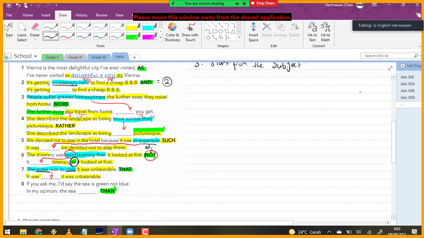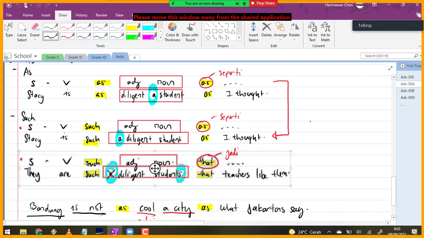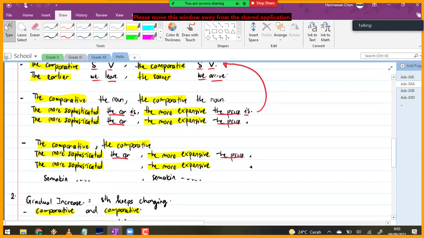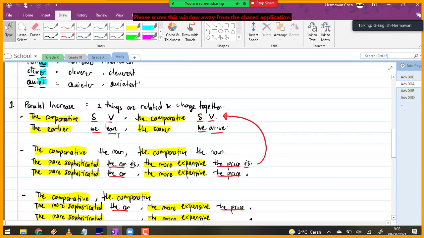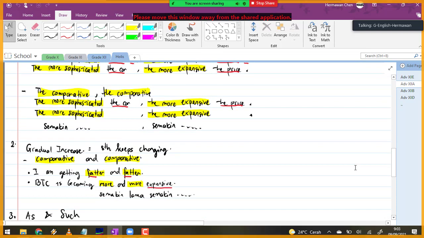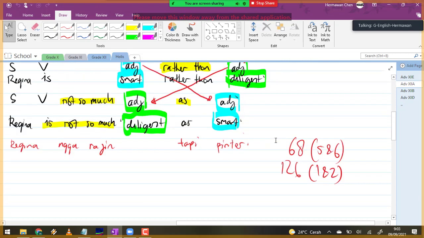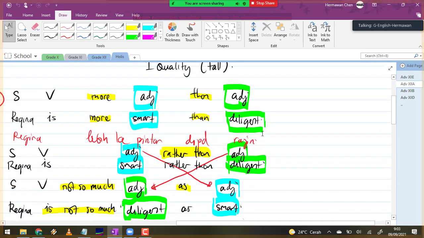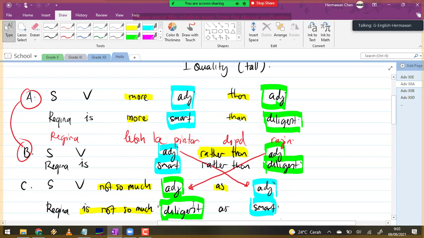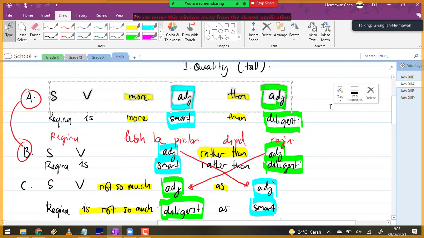Let's check the pattern. Then. Can you find the word then in parallel increase? Nope. Gradual increase? Nope. As and such? Nope. But here, pattern number 4, we can find the word then. Yeah, there are 2 patterns. First pattern has then.